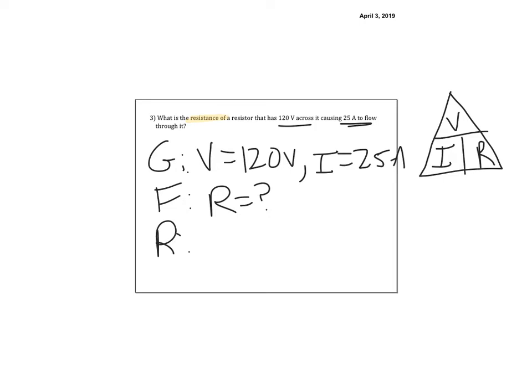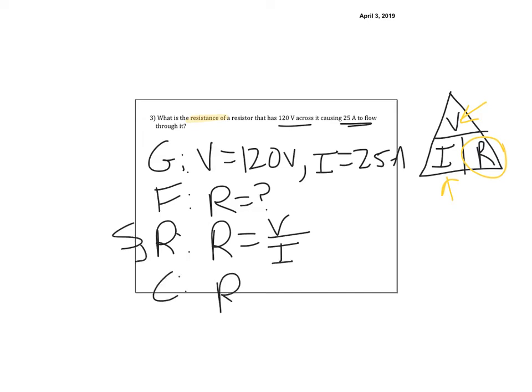I look over here and here's my R, so it's going to be V over I. R equals V over I. It's already solved. Plug it in: R is equal to 120 volts over 25 amps.